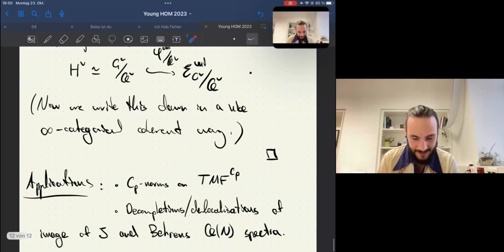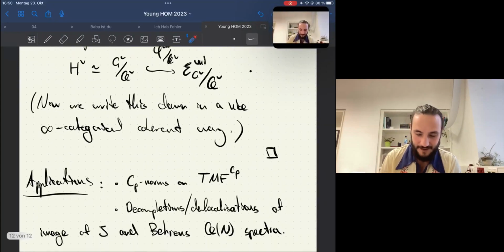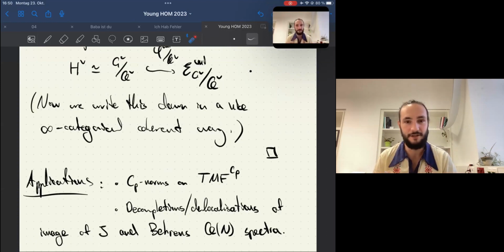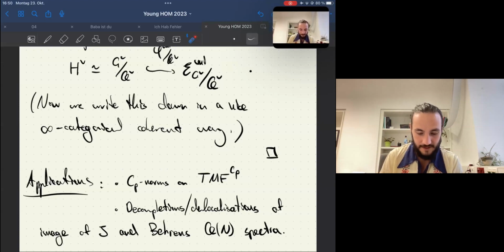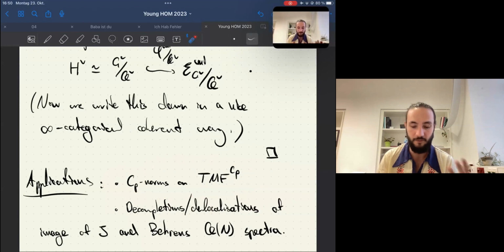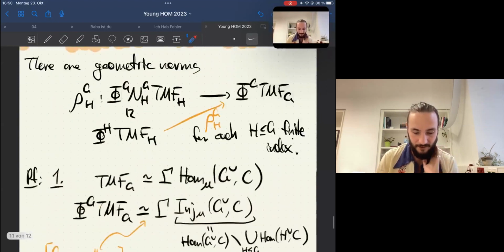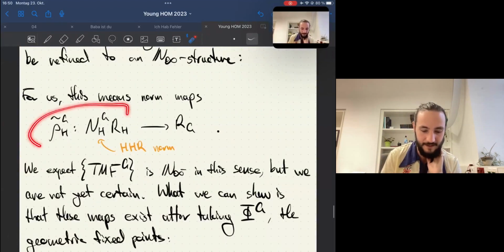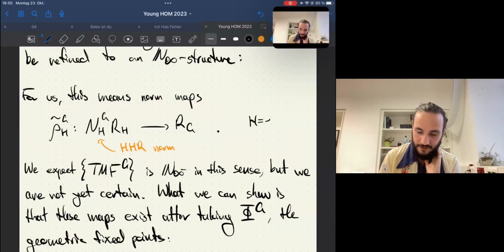But I just want to say quickly that some applications of constructing these geometric norms is that you can use some extra Gauss-Hopkins obstruction theory and you end up with some literal norms for C_p. So you end up with some literal norms like this when, let's say, H is the trivial group, G is C_p and R is TMF.